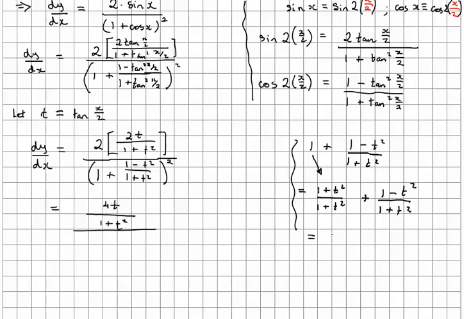That gives us one big fraction with the common denominator, which is, on top we've got 1 plus t squared plus 1 minus t squared. Those are the two top lines over a common denominator, so I just write it down once, and what happens there is the t squareds go. So over here in my dy/dx, I'm going to have a bracket being squared on the bottom: 1 plus 1 is 2, all over 1 plus t squared.